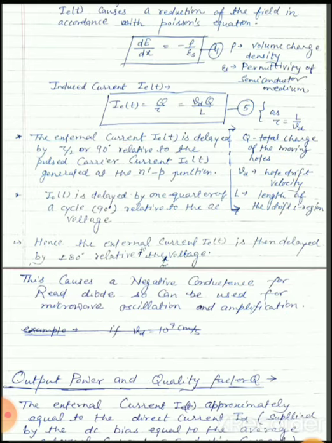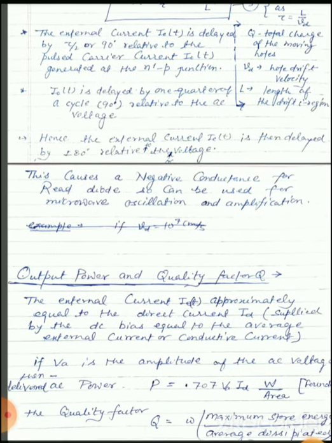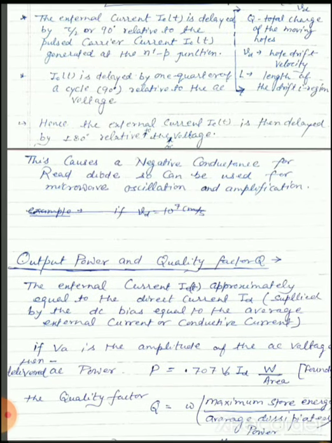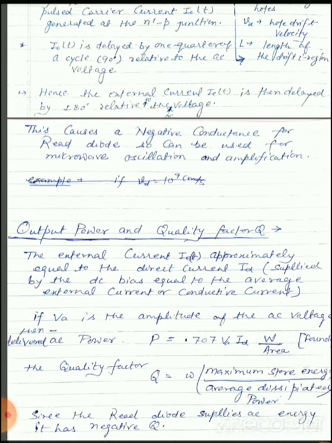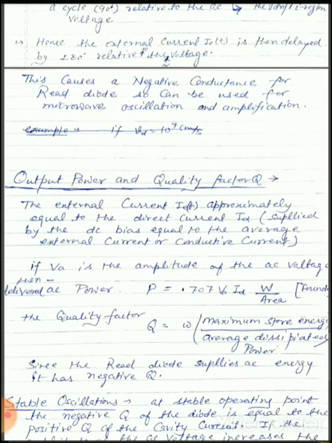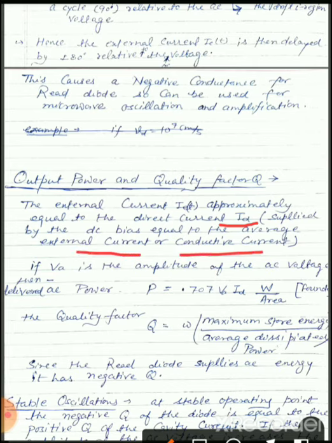Now comes the topic of output power and quality factor Q. The external current I_ET is approximately equal to the direct current I_D supplied by the DC source, which is equal to the average external current, or the conductive current.